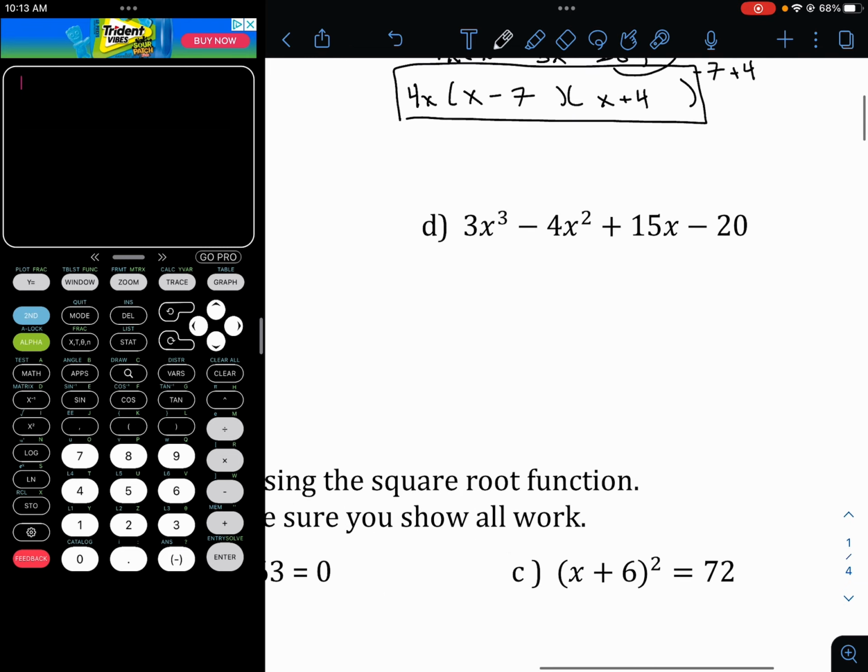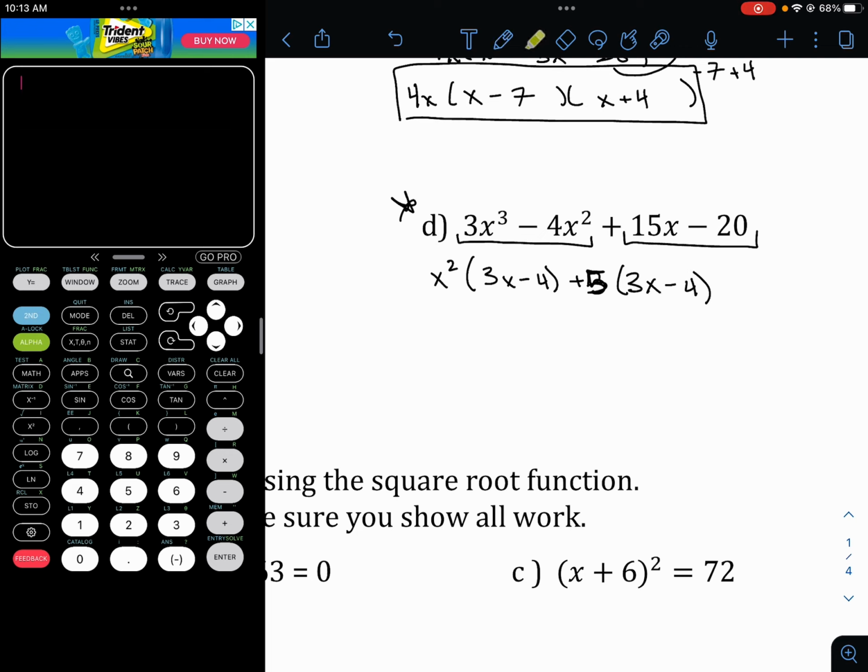Okay, and letter D, that's just factoring by grouping. Might be a bonus opportunity for you. You want to remove the greatest common factor out of the first pair. And you want to remove the greatest common factor out of the second pair. Actually, a 5.